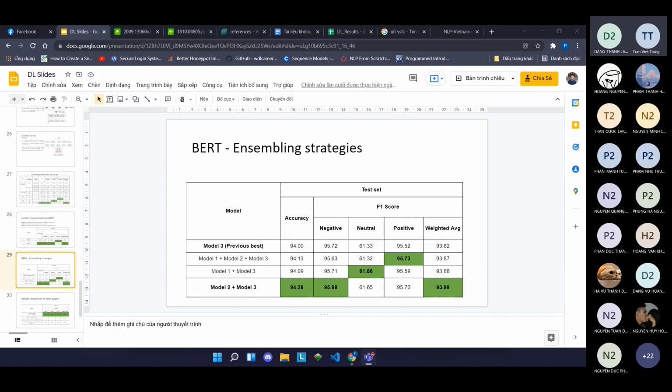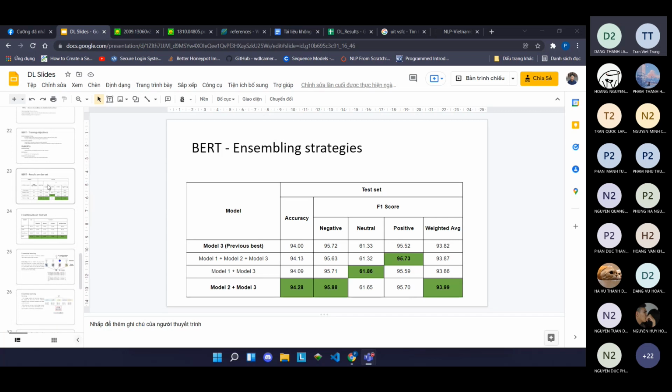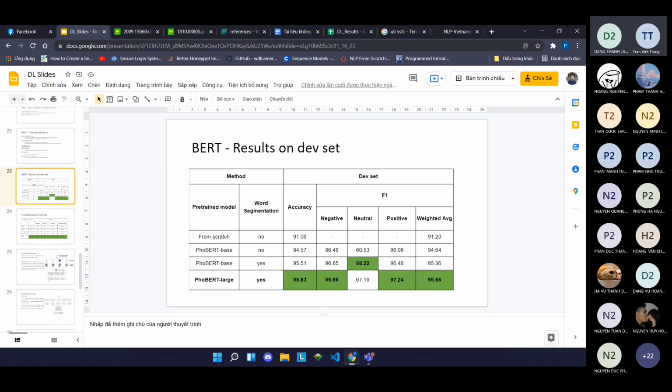Okay, so I have some questions for the group. Can you compare the BERT and the transformer model? In the slide, you said that in the transformer model, you just use the encoder, and the encoder is actually BERT, right?